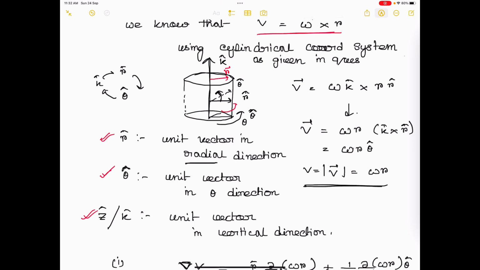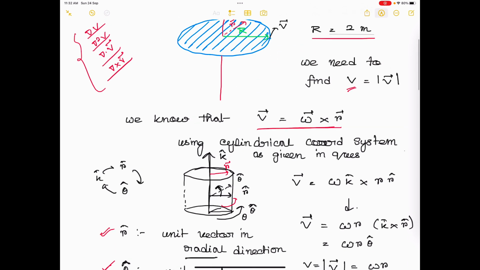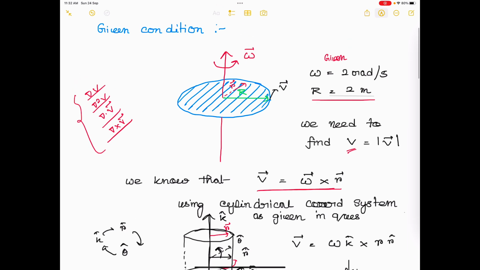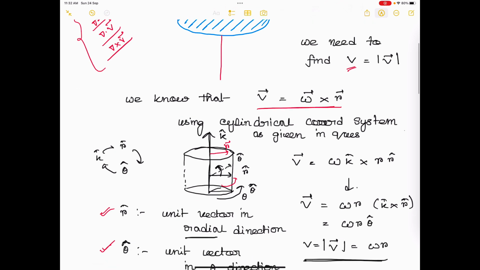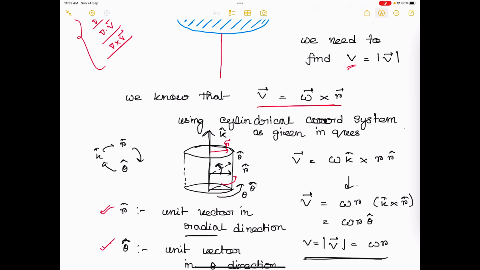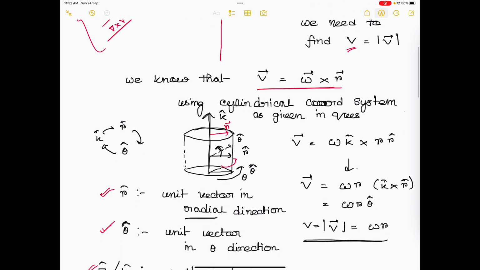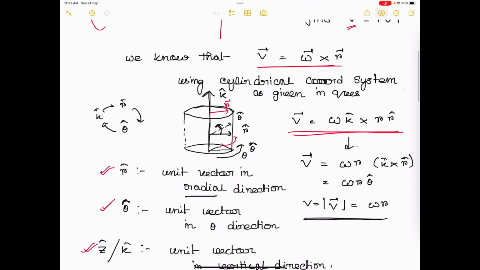Now V therefore can be written as: omega is in the k cap direction. If you put the cylinder over here, omega will be in the k cap direction, therefore we write V is equal to omega k cap cross r r cap, because r is in the radial direction, so r into r cap. This is quite a familiar expression. Now we combine omega into r, and k cap cross r cap gives us the theta cap direction.